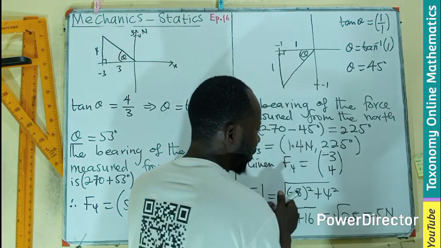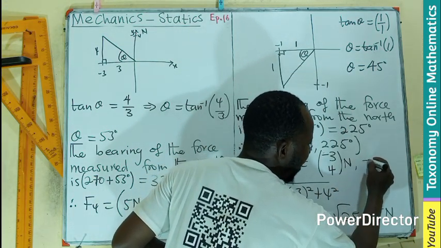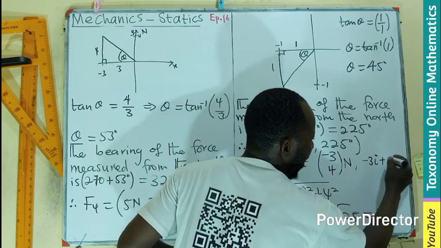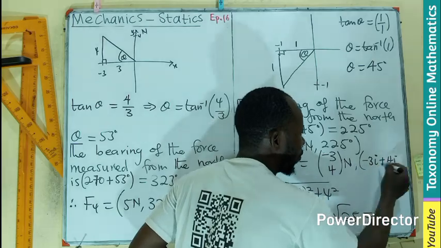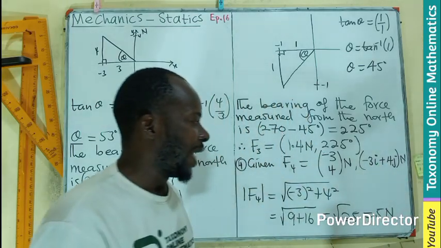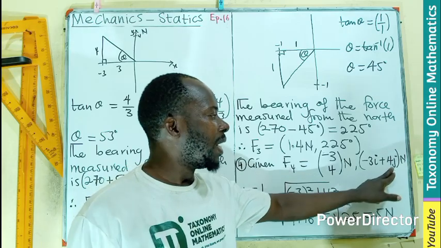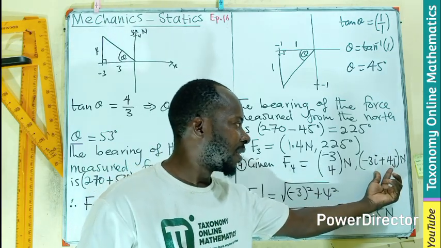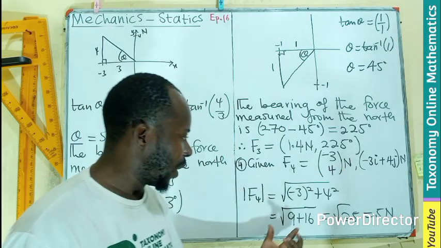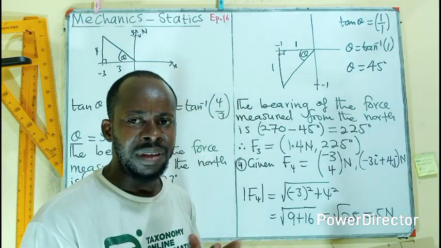It could be -3i plus what? 4j. This is what will be given to you in terms of Newton. And this is the x component, the horizontal component. This is the y component, the vertical component. So you only see this in this form, then you follow the same procedure, you get to the same place. I guess the concept is clear.